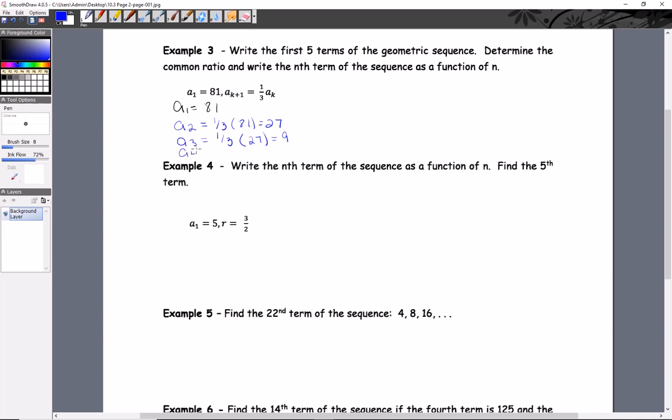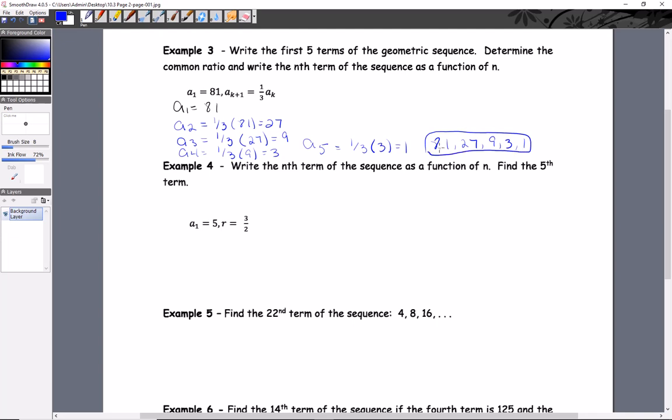And your fourth term is 1/3 of that. So 1/3 of 9 will be 3. And then your fifth term is going to be 1/3 of the fourth term. 1/3 of 3 is 1. All right, so there are your first 5 terms: 81, 27, 9, 3, and 1. So that's part of our answer.